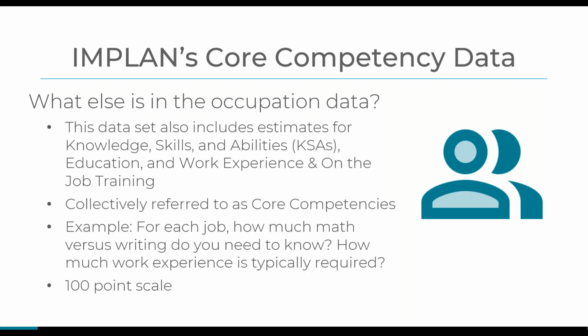Those first 3 items, knowledge, skills, and abilities, we collectively refer to as KSAs. Additionally, core competencies data includes estimations of education and work experience and on-the-job training that each occupation is expected to require.